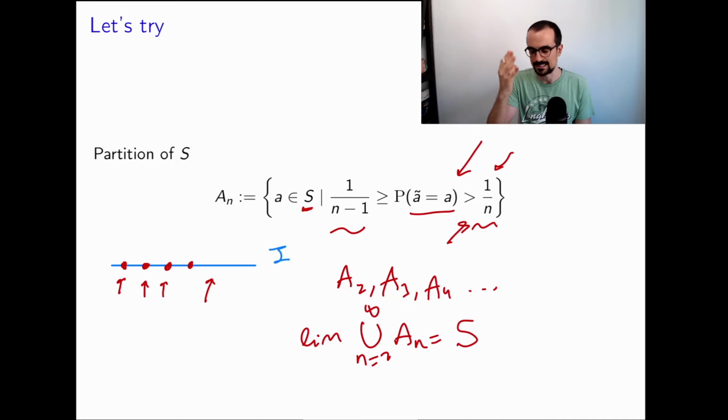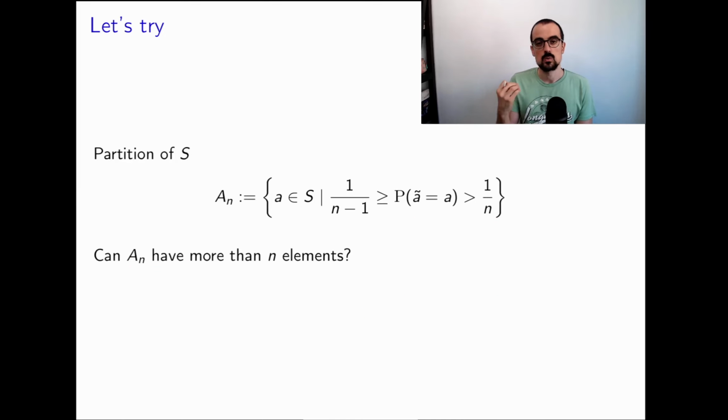Okay, so why am I telling you this story? Where am I going with this? Now, maybe you can tell me whether An can have more than n elements. If you think a little bit about it, the probability of all the elements that end up in each of the An cannot be more than 1, because we know that the sum of all of these possible points of the interval that are assigned a probability cannot be more than 1.